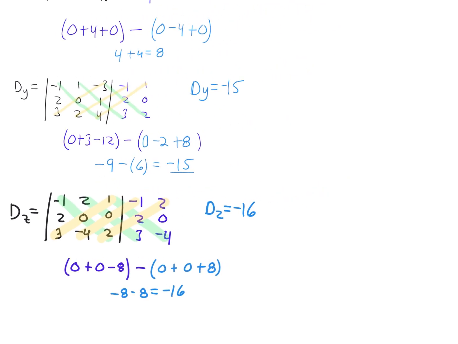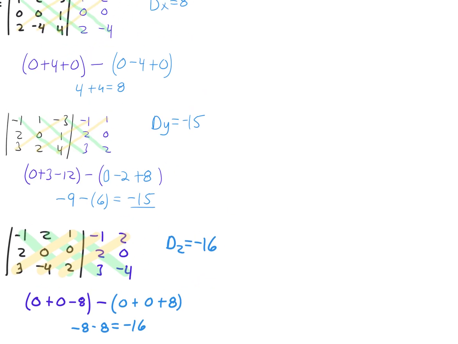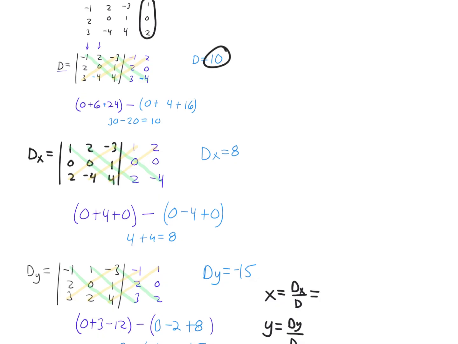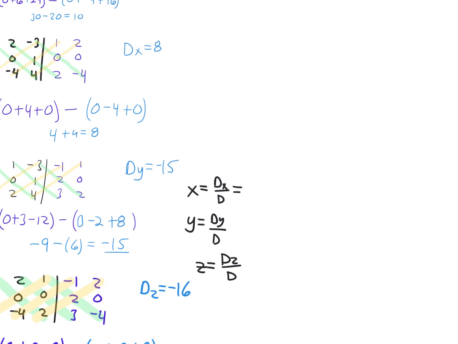Now to get our x, y, and z's, we're going to put all of these numbers on top of each other. So x is dx over d. Y is dy over d. And then z is dz over d. All right, the original coefficient determinant that we found was 10, so everything's going to go over 10. So x is going to be 8 over 10, so 4/5.